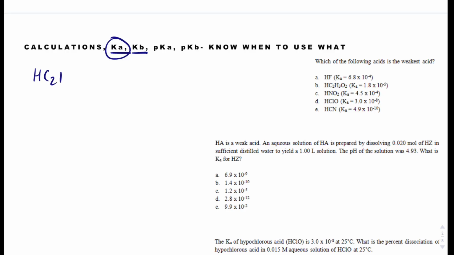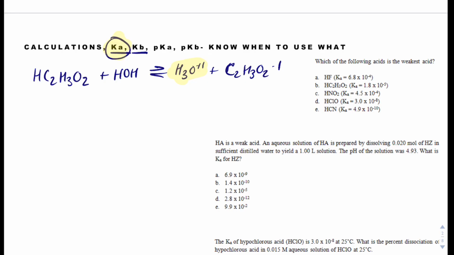If I have acetic acid, which is just a common acid that we see, and I've got this reaction that I'm writing out, plus C2H3O2 minus 1, I've got to say, okay, I produced hydronium. That means I need to use Ka. I did not produce hydroxide.